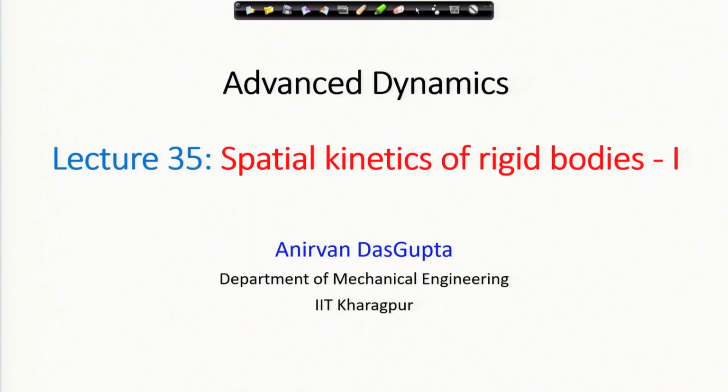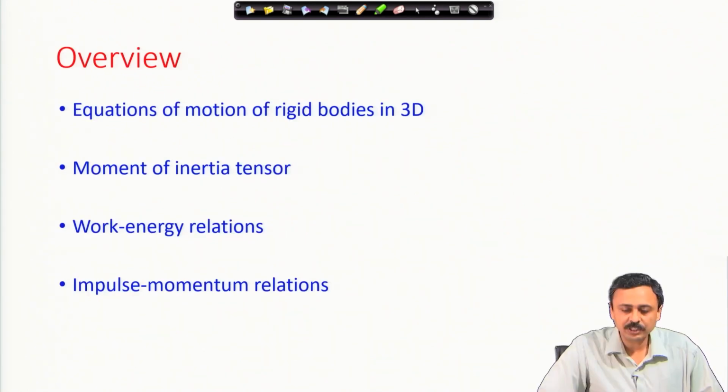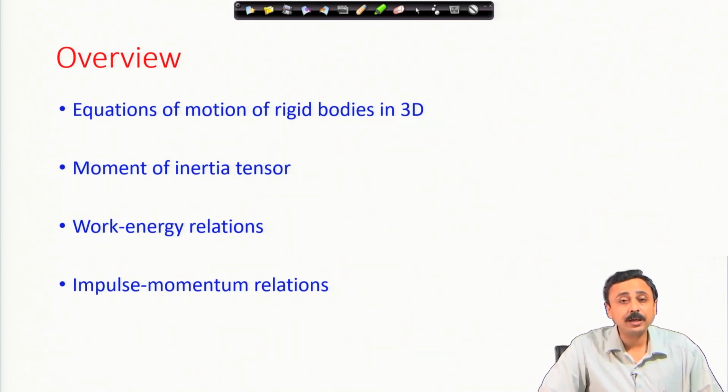In this lecture, we are going to start with spatial kinetics of rigid bodies. To give you an overview, we are going to look at the equations of motion of rigid bodies in 3 dimensions. Now, we have already looked at these equations for planar kinetics in detail. We have derived the equations of linear momentum and angular momentum.